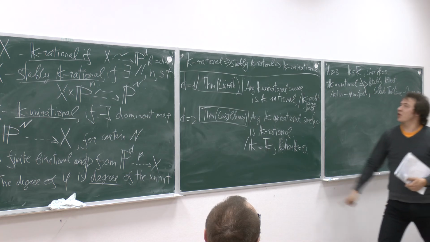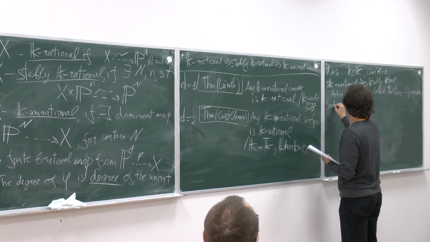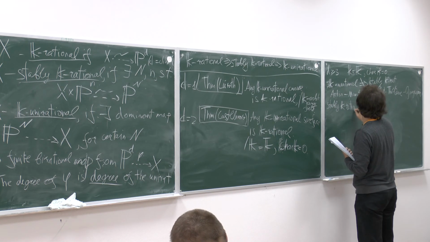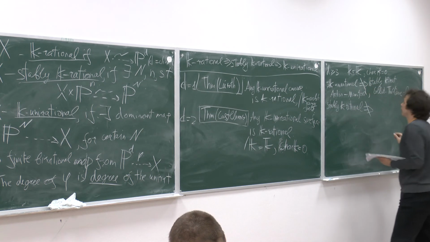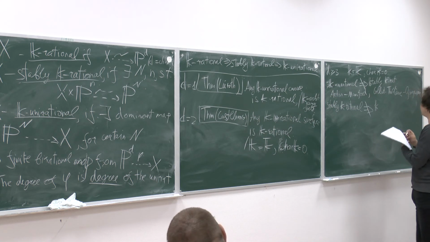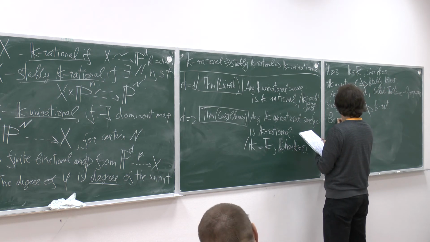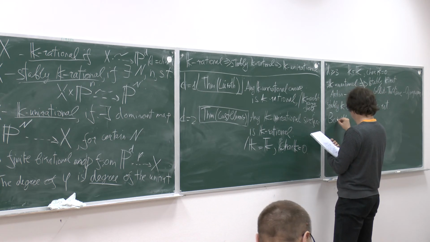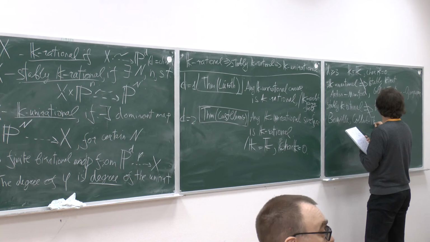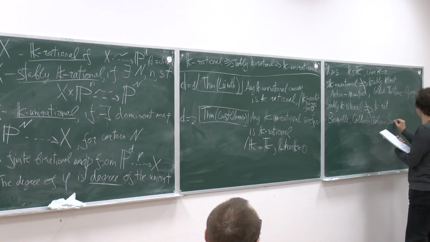Well, it's about this implication. And the first implication, that a stably k-rational three-dimensional variety can be not k-rational, was constructed by Beauville and others.